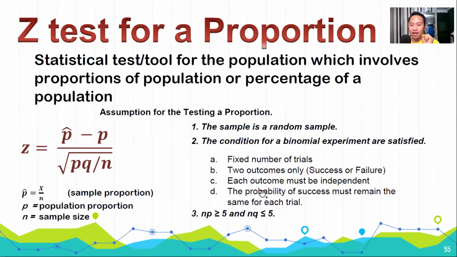Next, number 3, each outcome must be independent, meaning to say if the first is a success, the second outcome should not affect the first outcome. In other words, if you got rejected by one partner, and the second accepted you, the result of the second does not affect the result of your first partner. And that's it.